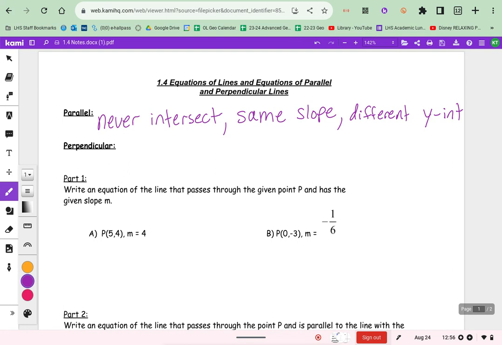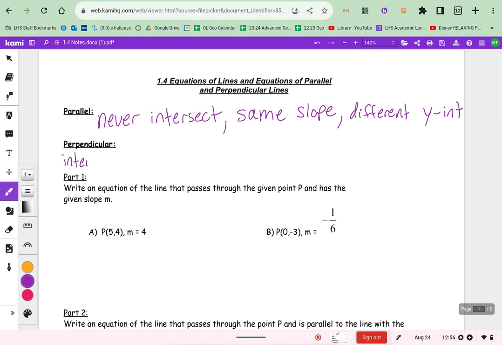Perpendicular lines intersect at right angles, and slopes are opposite reciprocals.